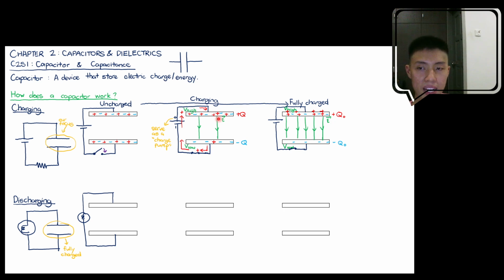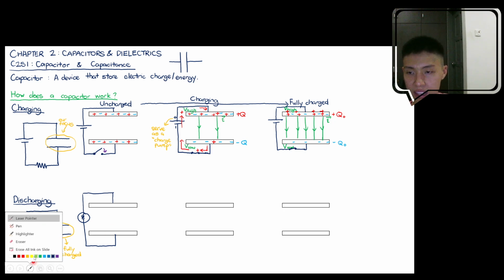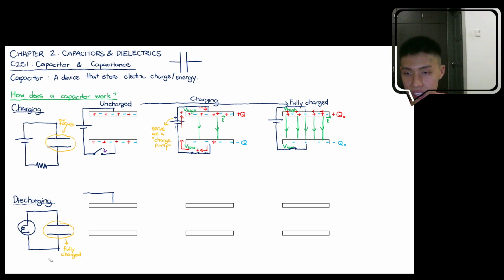But if you just leave it blank like this, nothing will happen. Nothing will happen means the positive charge that was already accumulated just now will still remain on the upper plate.